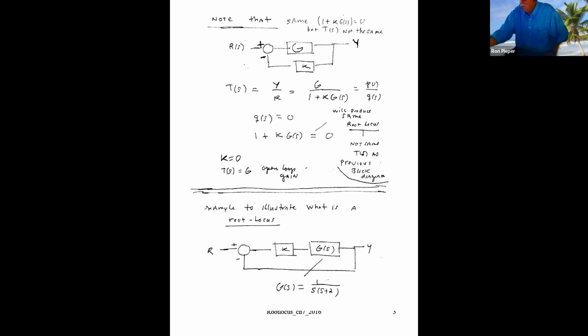However, for purposes of root locus, the guideline that controls where the poles are and how they move with respect to that k parameter is exactly the same as we would have had with this diagram.